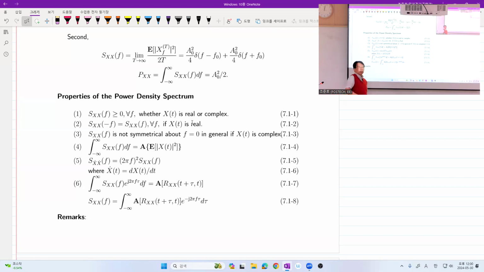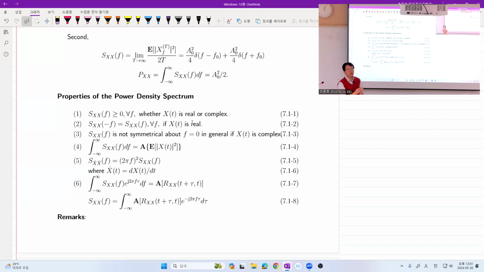But it's not that obvious if you start from the Wiener-Khinchin theorem-based definition of the power spectrum. But if you use the definition of the power spectrum in terms of the truncated version, it's obvious. The first property is just obvious. Whether X is real or complex, the magnitude square of the Fourier transform appears. So it's always non-negative, whether X is complex or not.